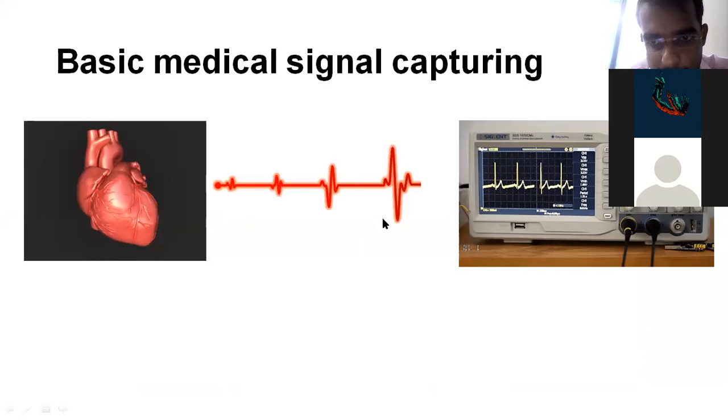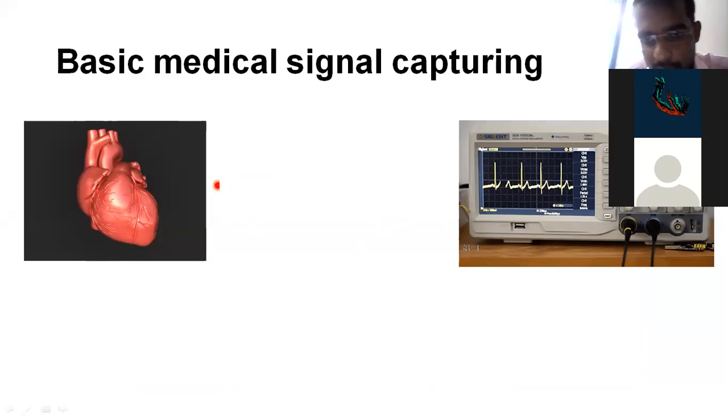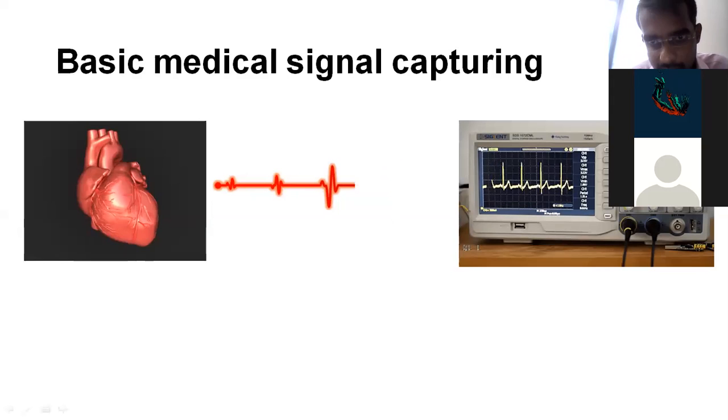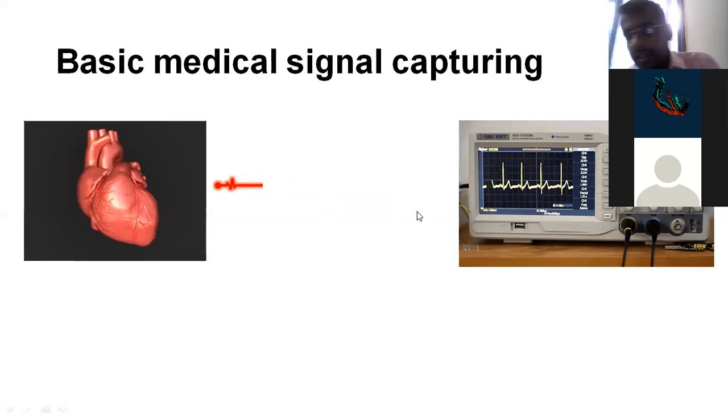If you see carefully, those two probe leads are picking up a signal from my body. The only problem is we don't know where the signal comes from, but that is the very basic bio signal measurement activity. When you do that more precisely, you're recording the activity of some organ.